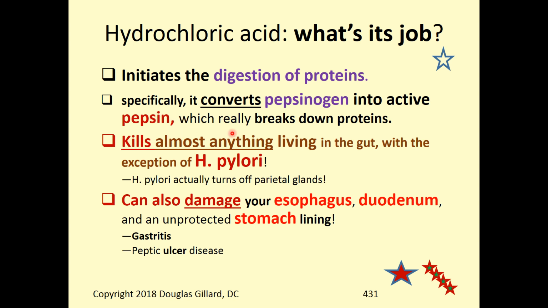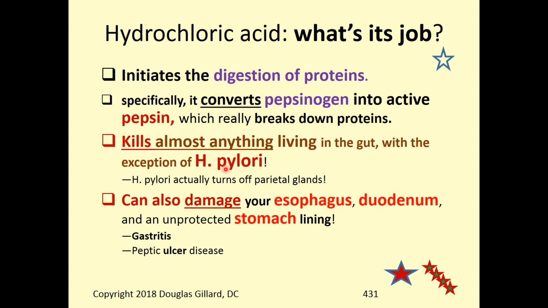Hydrochloric acid kills almost anything. Remember, our mouth is really dirty, full of all sorts of bugs and germs. But when we swallow those bugs and germs, they get destroyed in the acid environment of the stomach, except one bug, H. pylori, is a magical bug, very strong. It actually loves that acid.